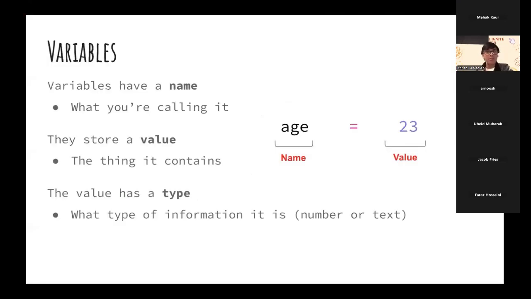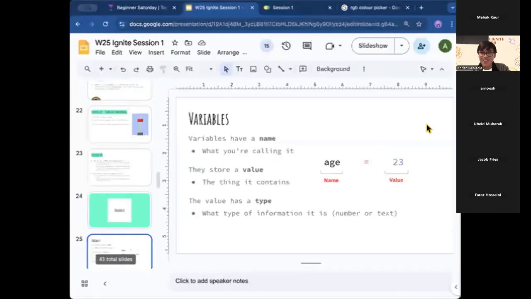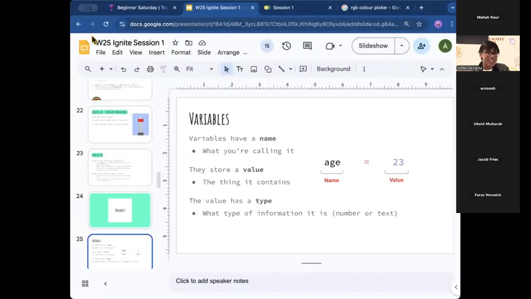So variables are important placeholders, so to say. I'm hoping you took algebra. Like x equals 7 is a variable. But in programming, the idea of variables is extended a little bit.